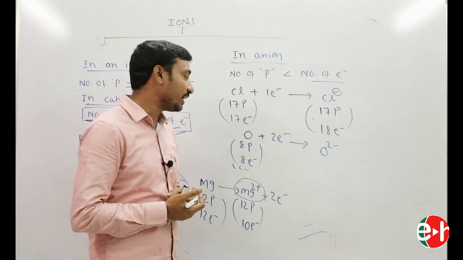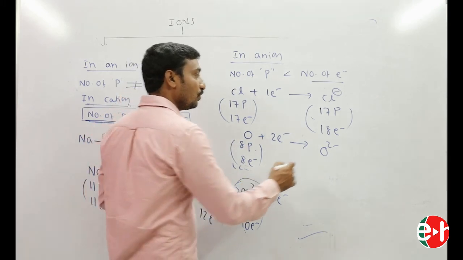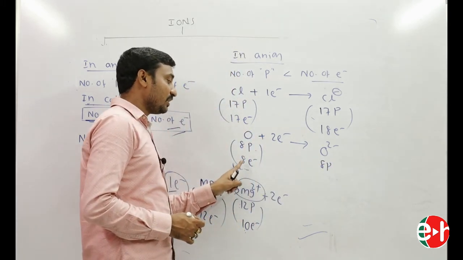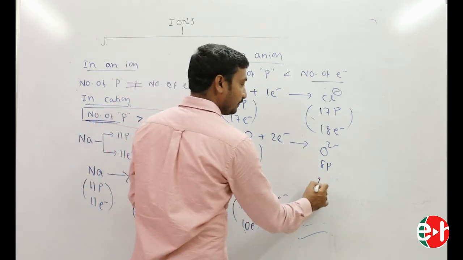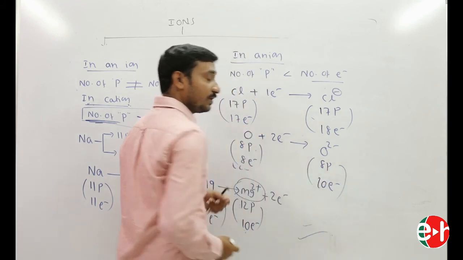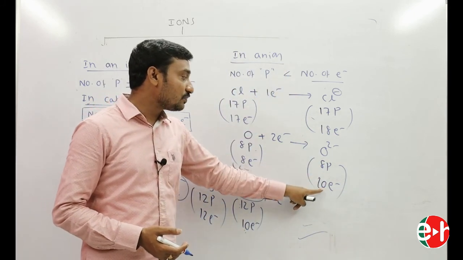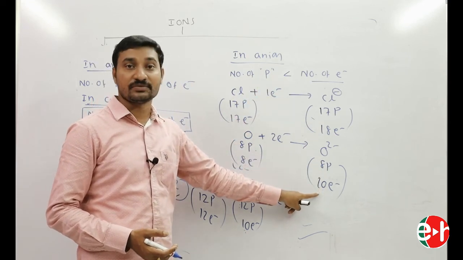Okay now. So here protons are the same, no change in protons, but electrons, 2 more, 8 plus 2. So the total electrons are 10. Got it? So in an anion, electrons are more than protons. That means the proton number is less than electrons.